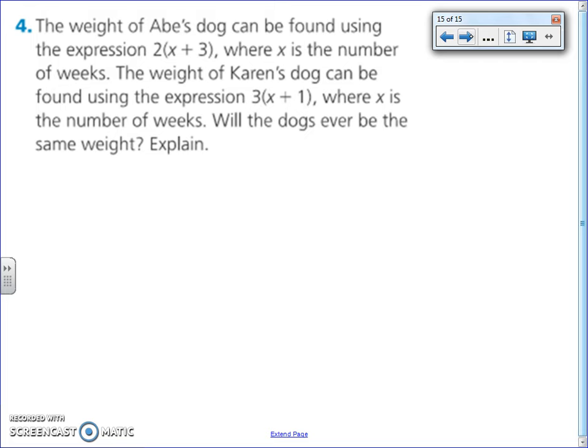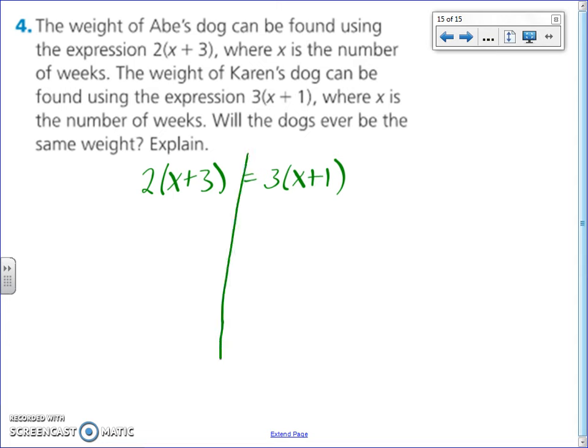So to figure that out, we need to set them equal to each other to see if they'll ever be the same weight. So I'm going to take 2 times x plus 3 and set it equal to 3 times x plus 1 and see if they'll ever equal each other. As always, distribute: 2x plus 6, 3x plus 3.